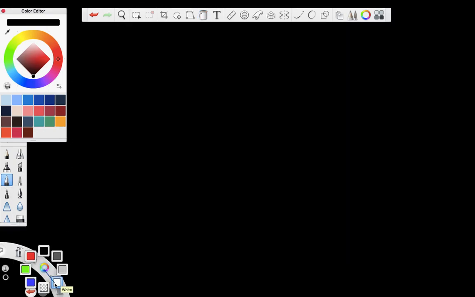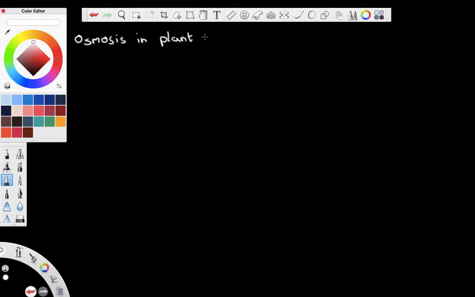So we can put the subheading, please, osmosis in plant cells. And we can underline it.